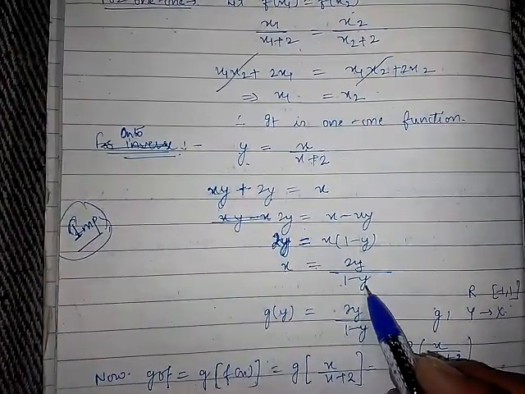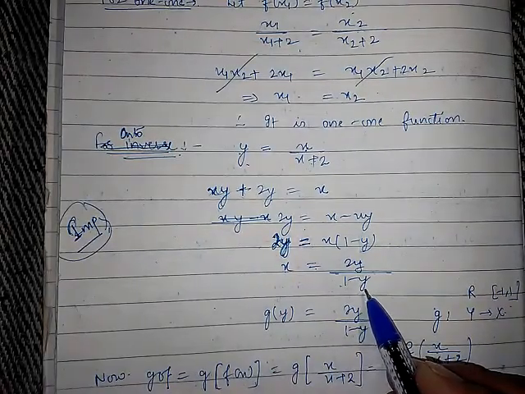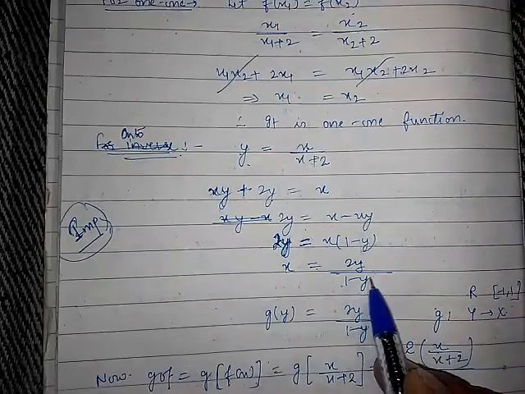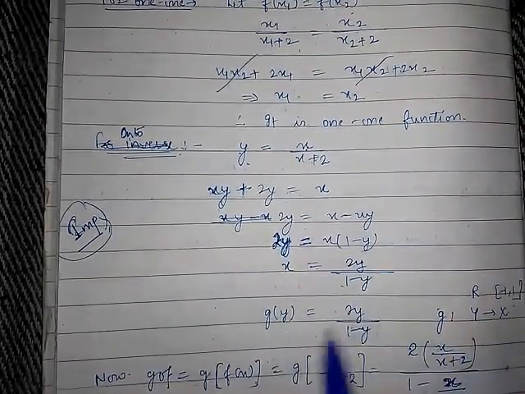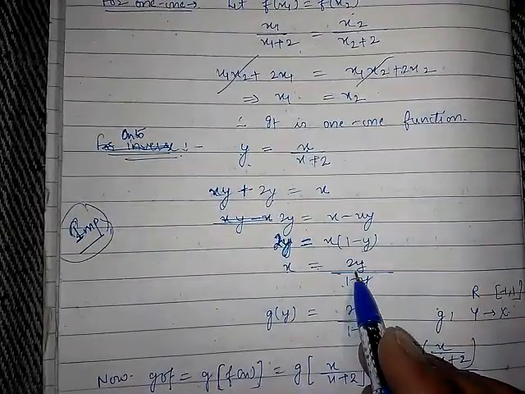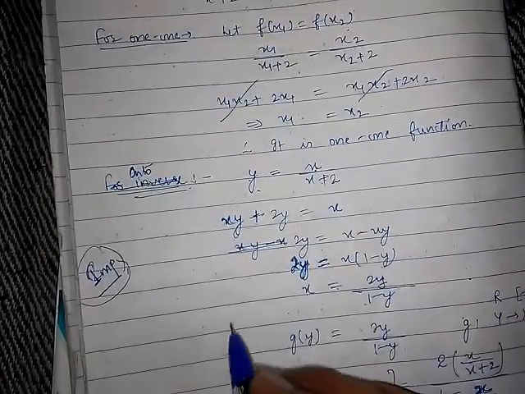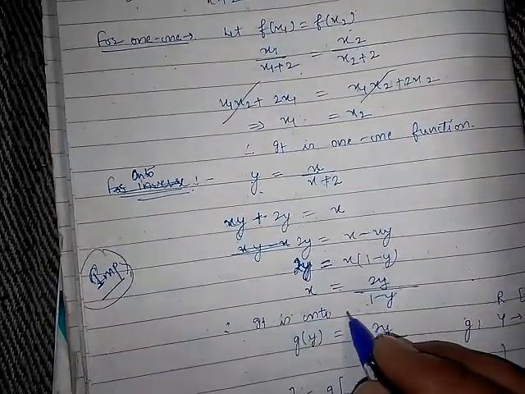Now for every value of y belonging to the range of the function, there exists a value of x also in the domain. So therefore it is onto function also, hence f is invertible. Therefore it is onto function.